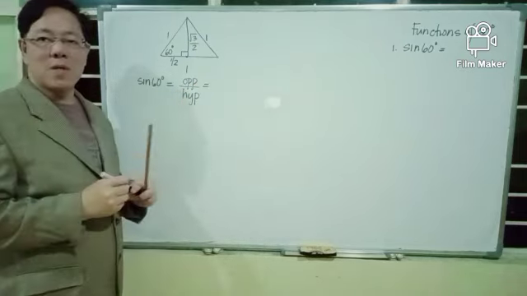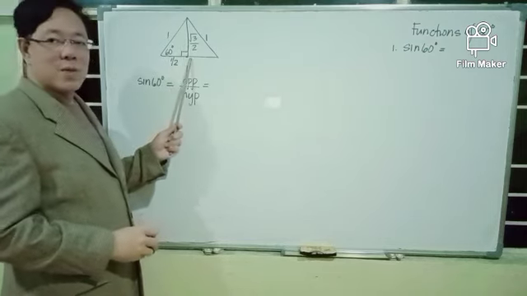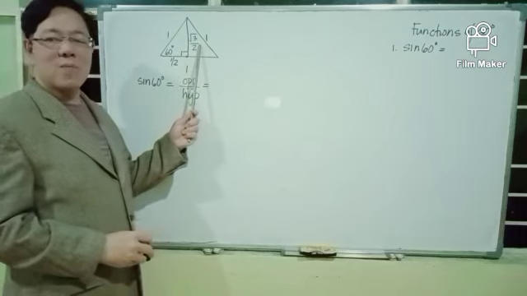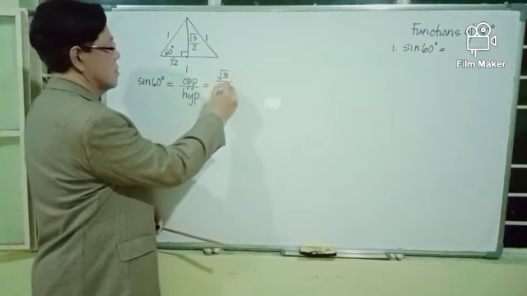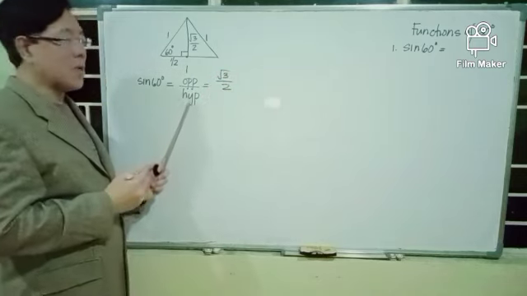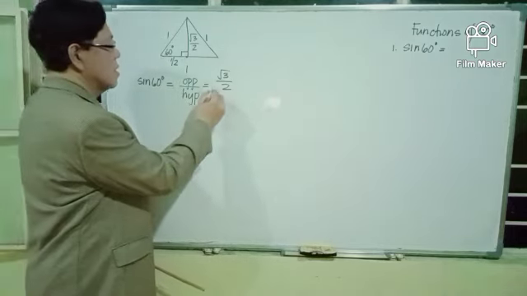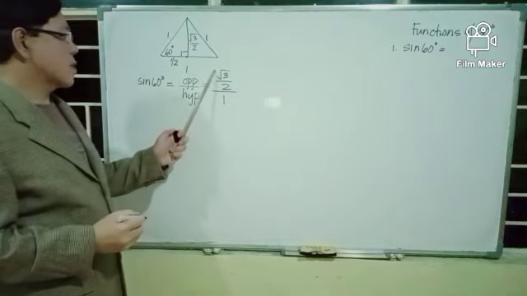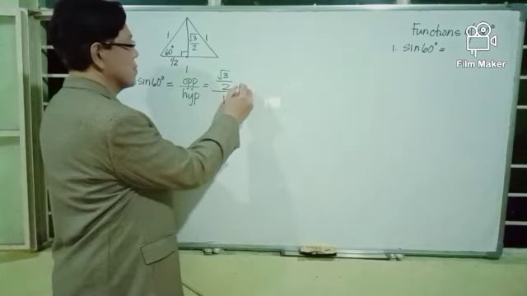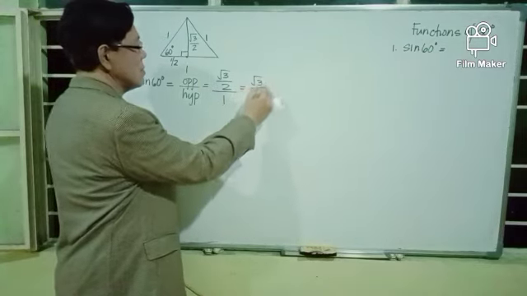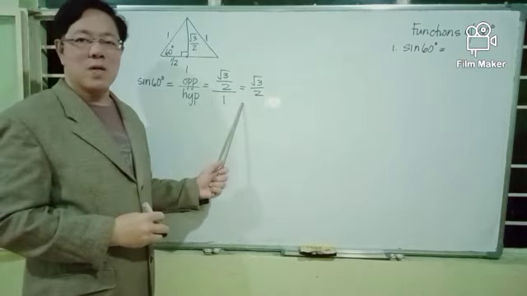And from our diagram, the side opposite 60, this side of the right triangle, has a length of square root of 3 over 2, divided by the hypotenuse, the side opposite the right angle, which has a length of 1 unit. Square root of 3 over 2 divided by 1 equals square root of 3 over 2. Thus, the sine of 60 degrees equals square root of 3 over 2.